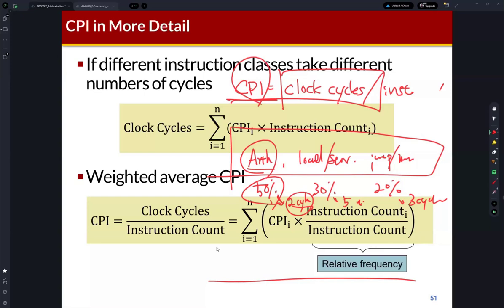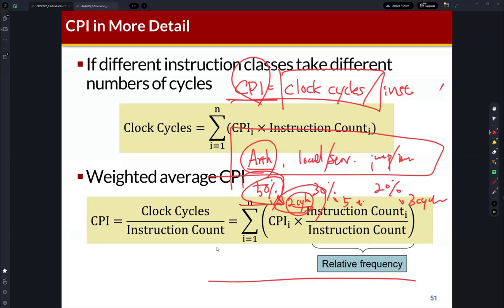We can multiply the weight of this fraction to the average CPI of a certain type of instruction. So this is also simple mathematics, right?